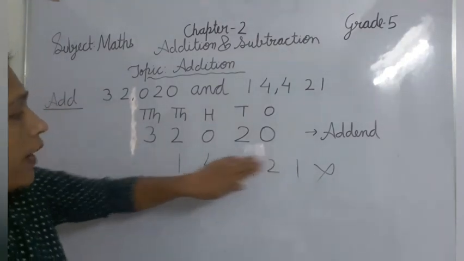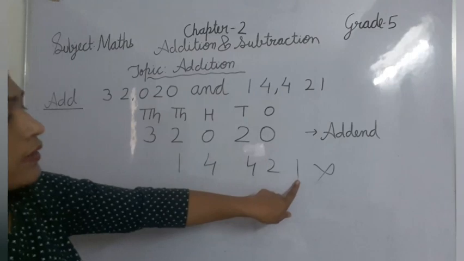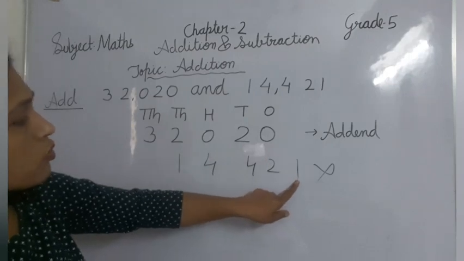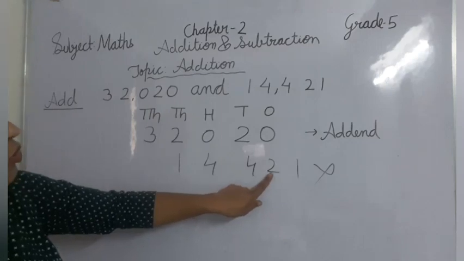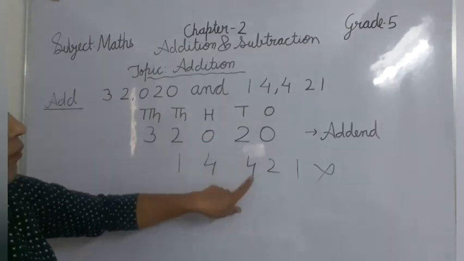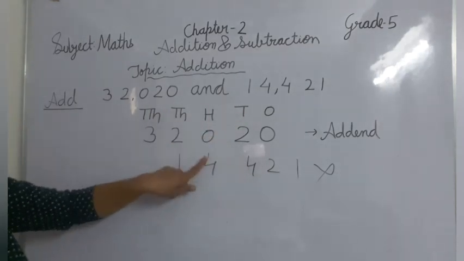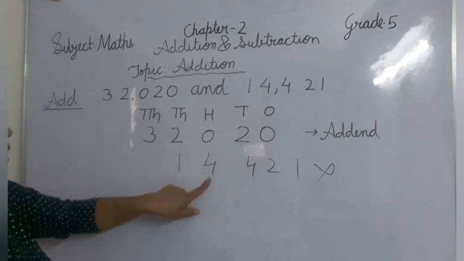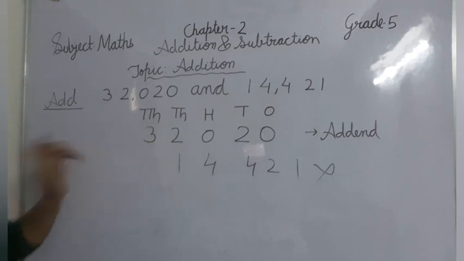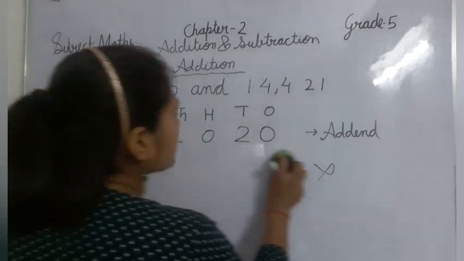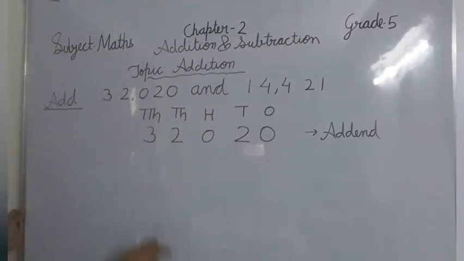Because we have to write this number place-wise. There is a 1 in ones, so 1 should come in the ones column. There is 2 in tens, so 2 should come in the tens column. 4 should come in the hundreds column, 4 in the thousands column, and 1 in the ten thousands column. So this is the right way how we will write.